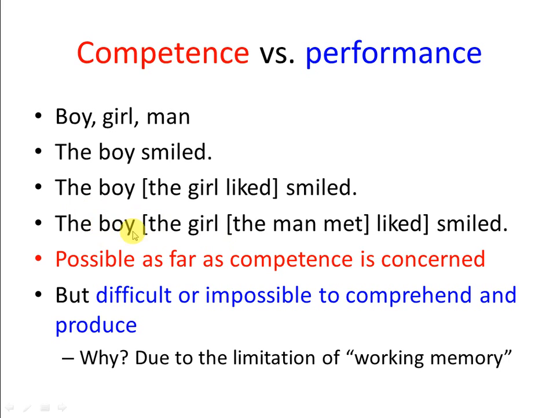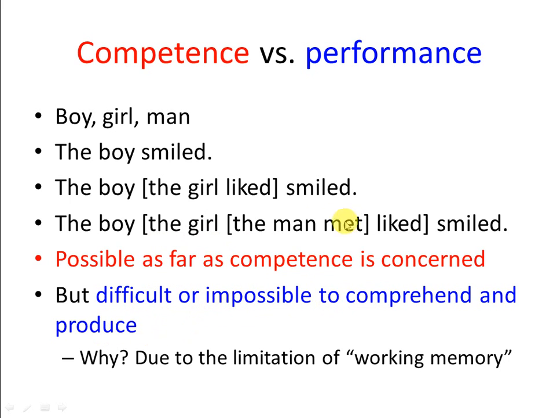So this sentence is possible as an English sentence. This is possible as far as competence is concerned. This is possible as far as the mental grammar of a native English speaker is concerned. However, this is extremely difficult, or even impossible, to comprehend and produce.